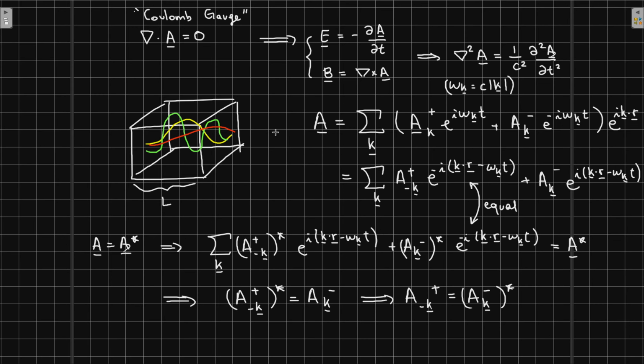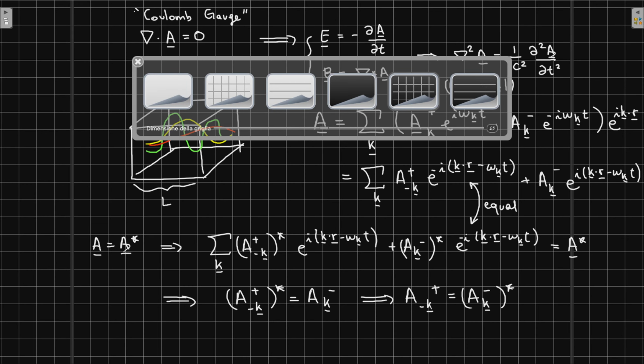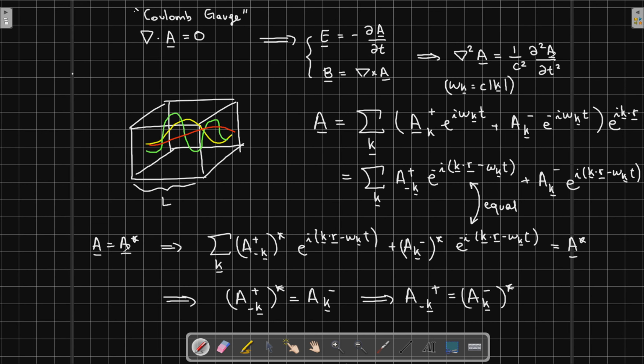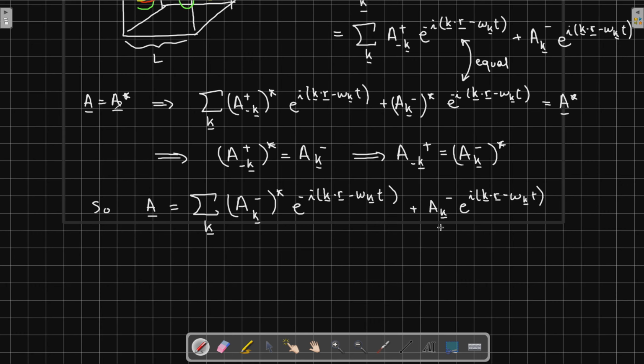And I can just insert this back into here, and I find that A is equal to the sum over k of A_k minus complex conjugate e to the minus i (k dot r minus omega_k t) plus A_k minus e to the i (k dot r minus omega_k t).